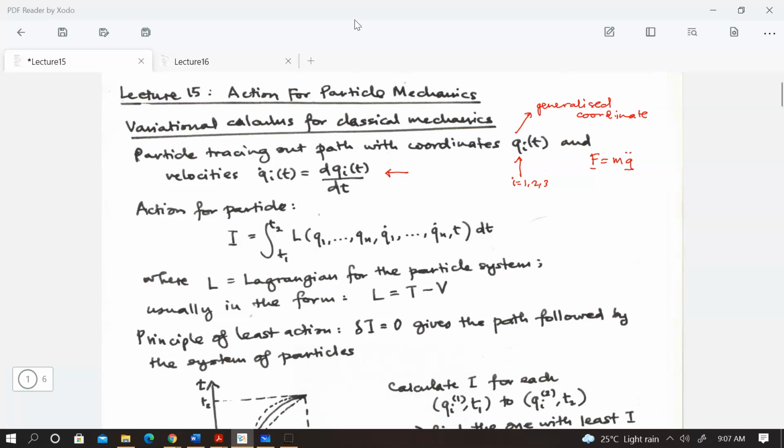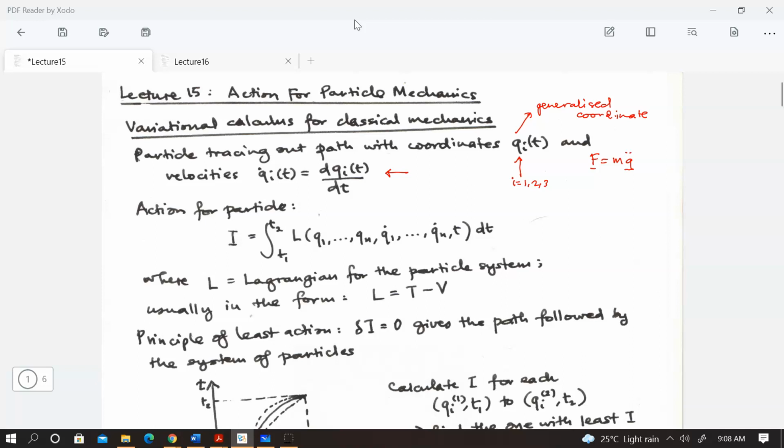Your action of your particle will be the integral of the Lagrangian. In this particular case, I'm generalizing this to n variables. I might absorb this idea of particles together with the degrees of freedom.